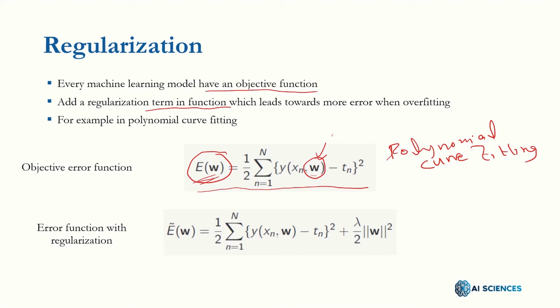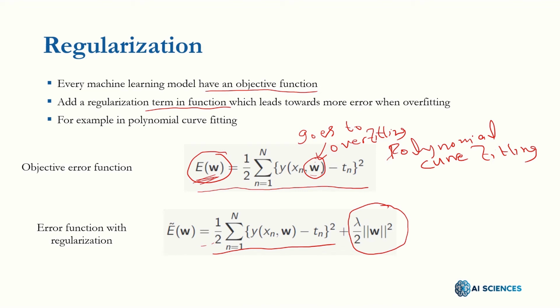But it finds somehow a W which gives less error, but it goes towards overfitting. To avoid this overfitting, we need a regularization term added within this objective function. The rest of the function is the same, but a new term is added.